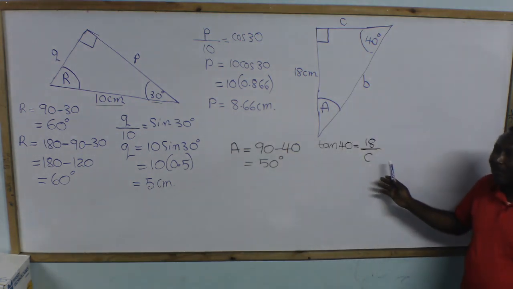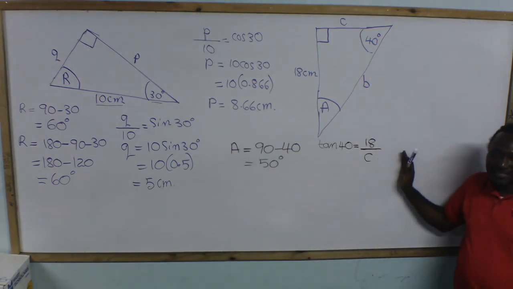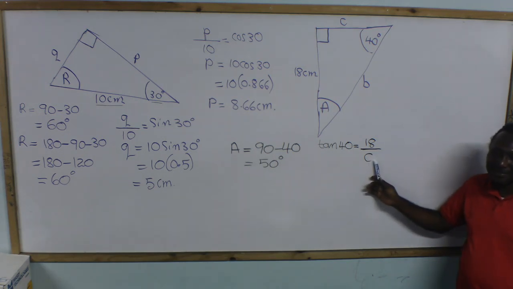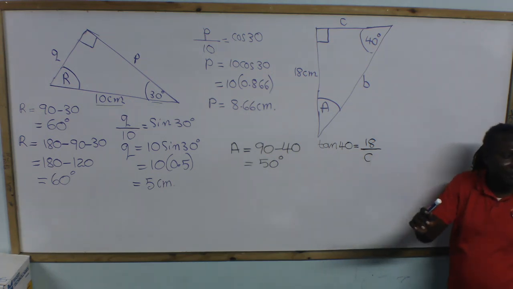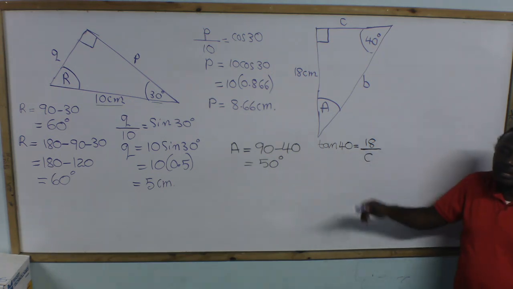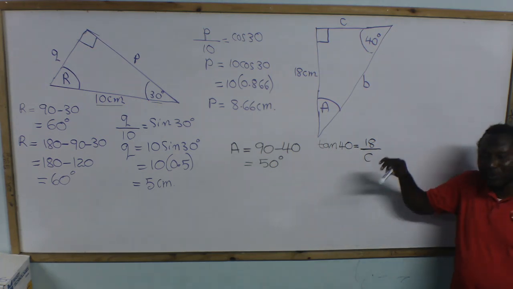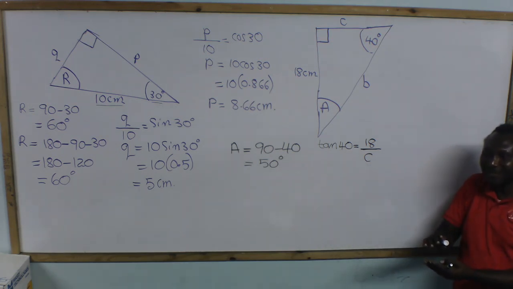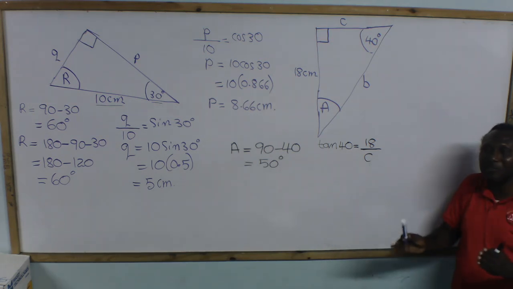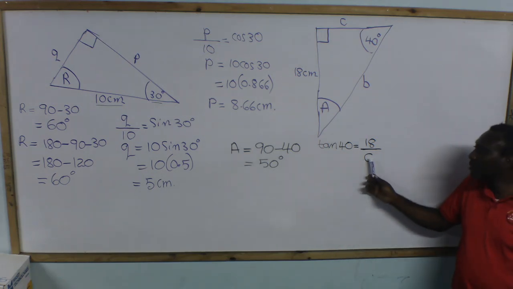When it is in the denominator, I want to put it on the right side, and you will not have to switch the equation around.